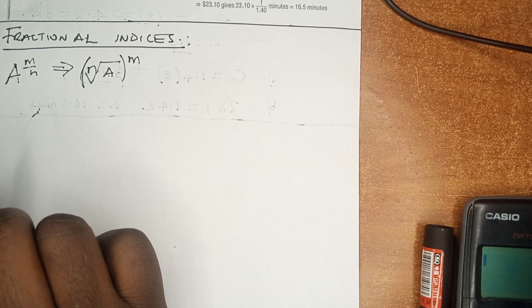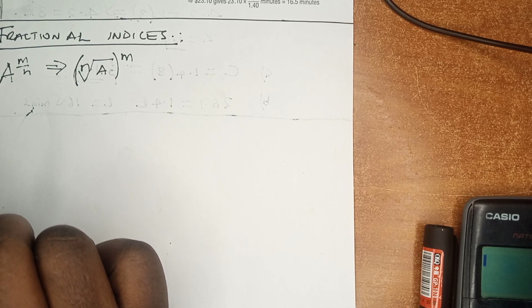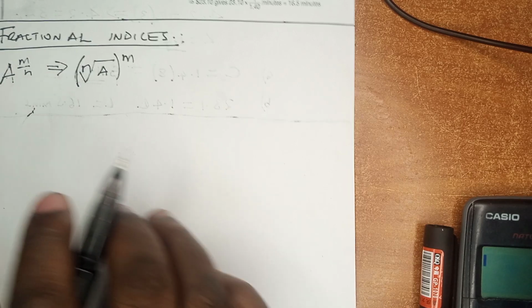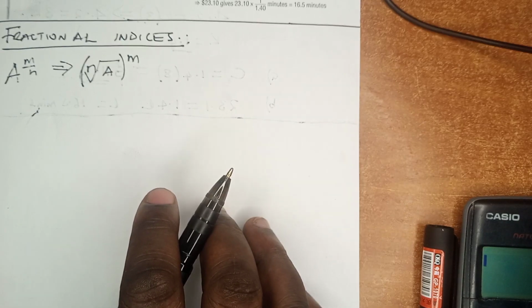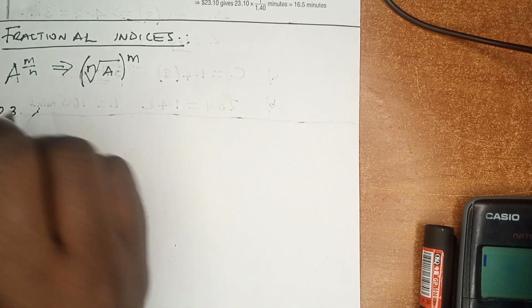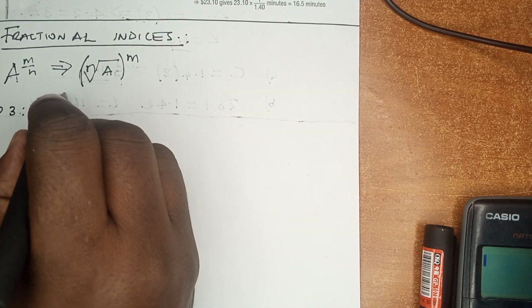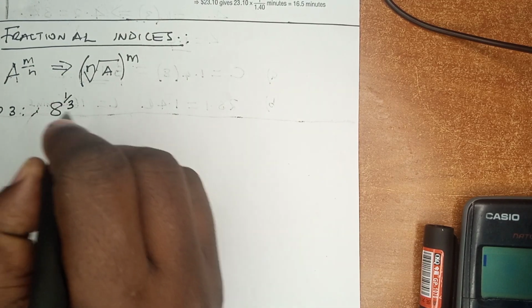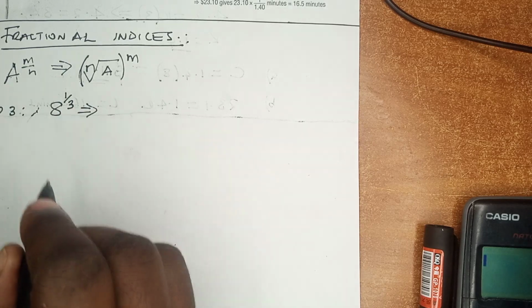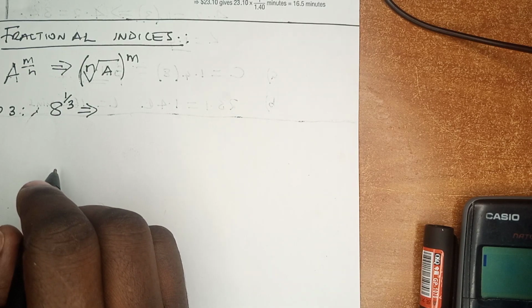And this is going to help us to explain example 3, example 4, example 5, and example 6. Let's start with example 3. What is in example 3? 8 raised to power 1 over 3. And as we have understood, this is the third root of 8.